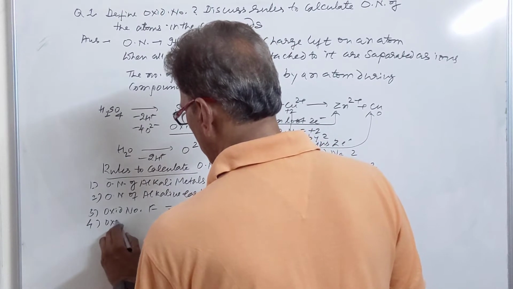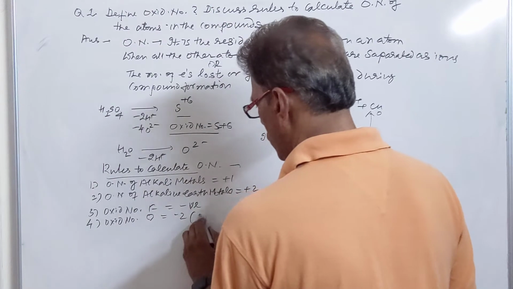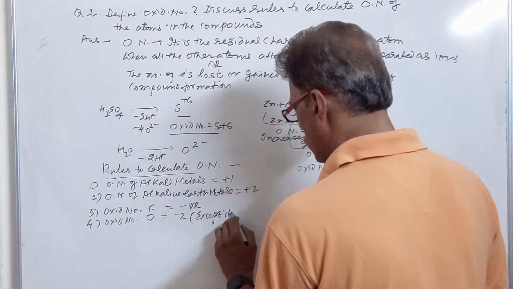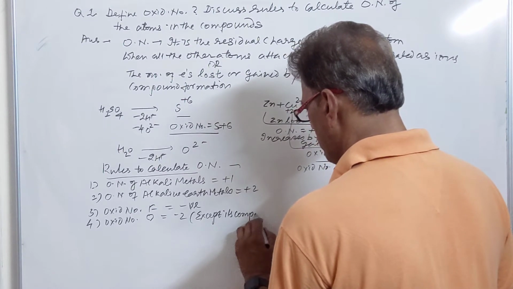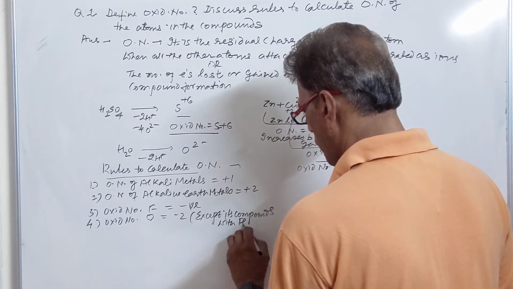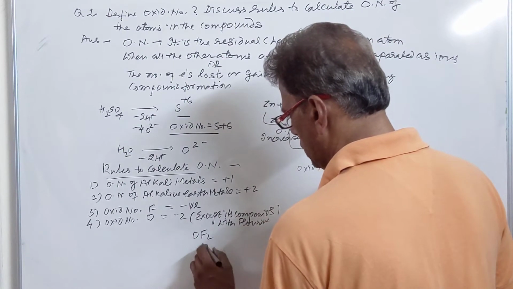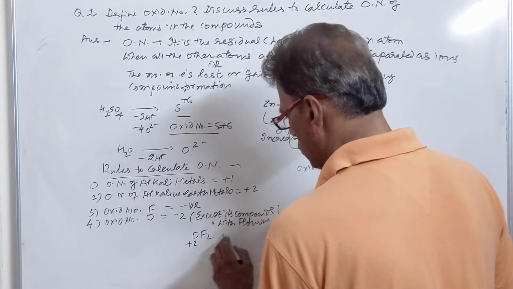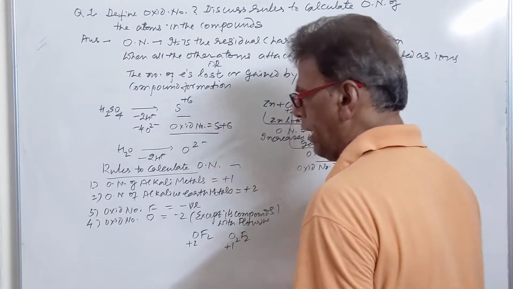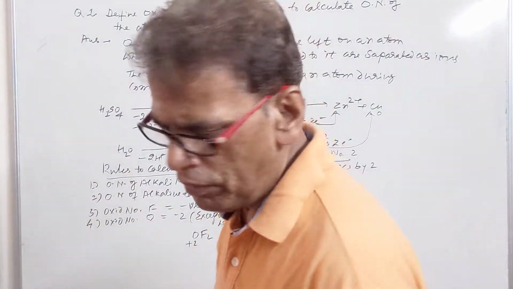Oxidation number of oxygen is -2, except in its compounds with fluorine, where it is present in a positive oxidation state. Here in OF2 oxygen is +2, in O2F2 it is in +1 state. Otherwise, oxygen is present in -2 state.